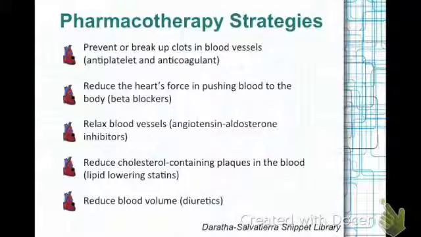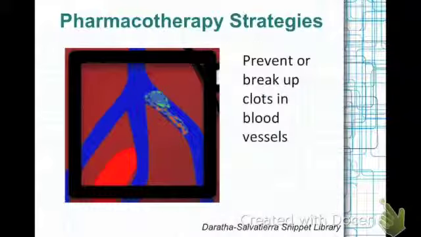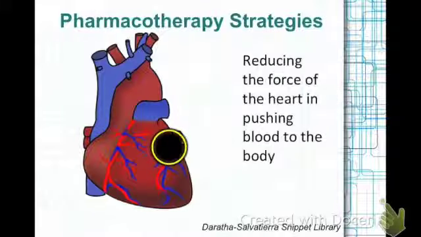These medications include antiplatelet, anticoagulant therapies, beta blockers, renin and angiotensin-aldosterone inhibitors, and lipid-lowering statins. For some patients, diuretics are also prescribed. One strategy is to prevent or break up blood clots in blood vessels using antiplatelet and anticoagulant medications. Another is to reduce how hard the heart works, to reduce the heart's force that pushes blood through the body using a drug known as a beta blocker.